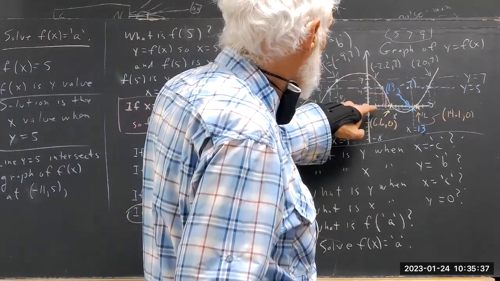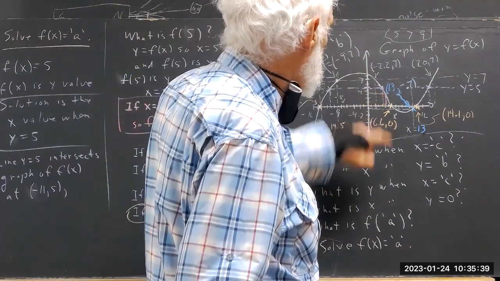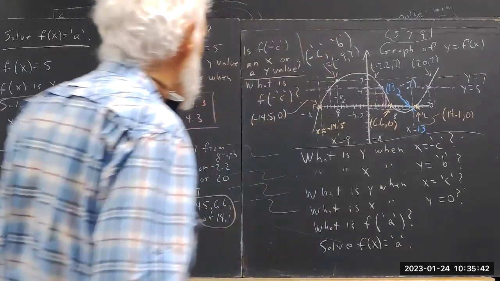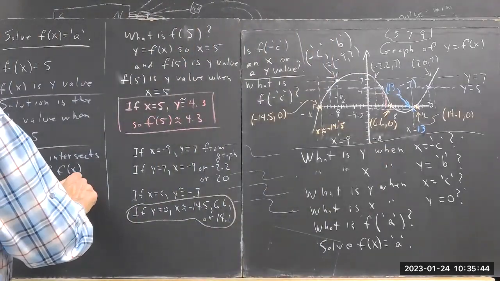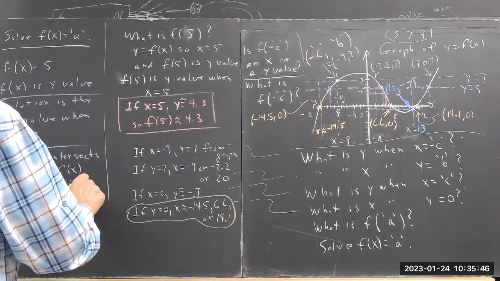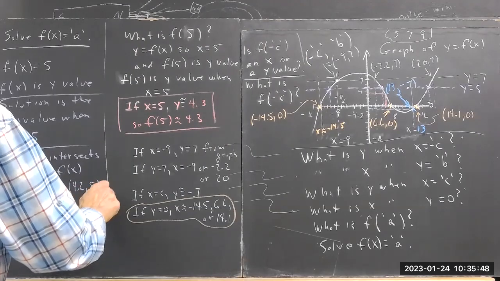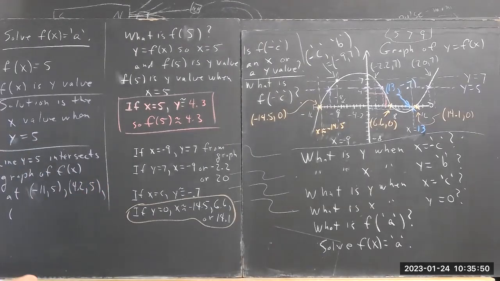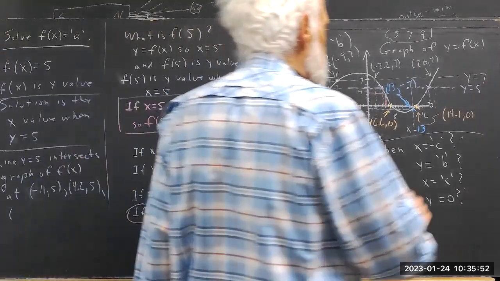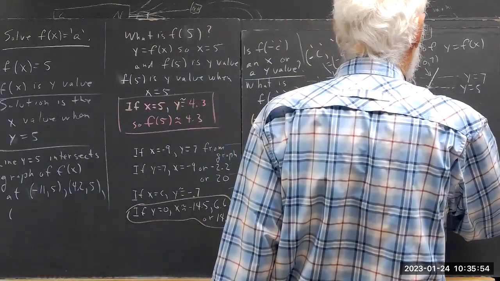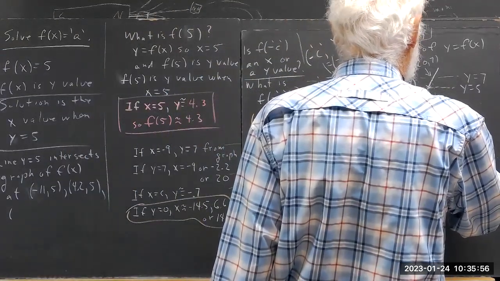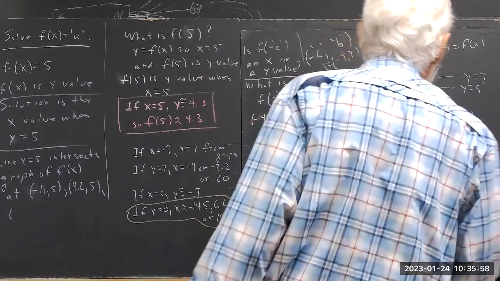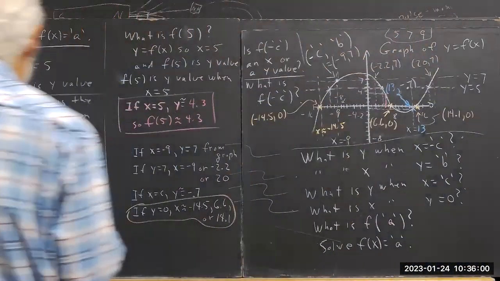Here, this looks like 1, 2, 3, 4.2. And out here, that's 16, that's 20, 18, 18.5.